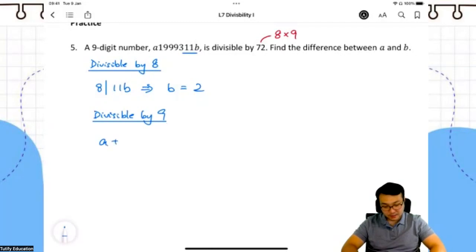A plus 1 plus 9 plus 9 plus 9 plus 3 plus 1 plus 1 plus B, or is it 2? Very good, Alistair. You are correct. But I'm going to erase this, and I'm going to just do this. Do you know why?